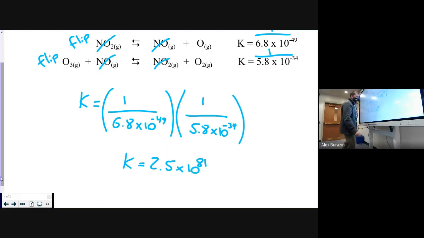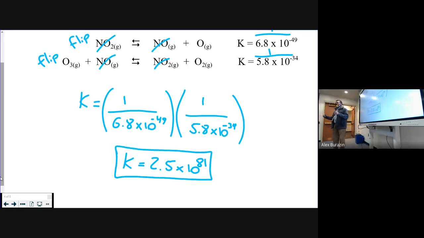Positive 81. Yeah. Okay. So let me go back to that, Emerson, because that's a good question. We've used Hess's law twice in this class. The first time, we were combining reactions to solve for delta H, which is enthalpy. When we solved for enthalpy, we added up all of the delta H's. Anything we flipped, we turned negative, and anything we doubled, we just doubled the value of delta H. For K, it's different.